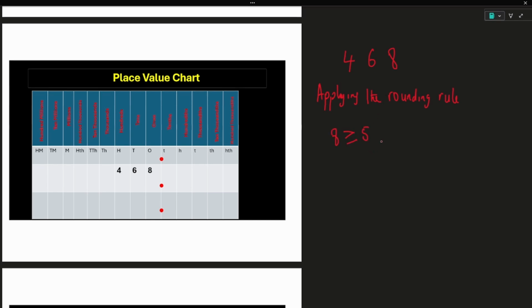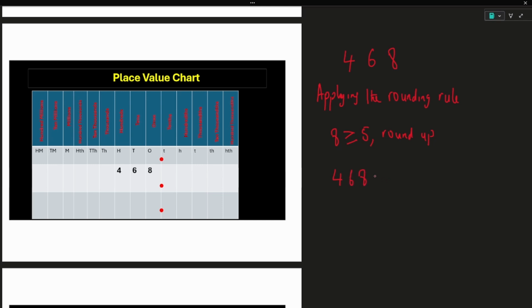So 8 is greater than 5, we round up. That is, we increase the preceding digit, which is 6, by 1, and then replace the digit after the 10th place with 0.